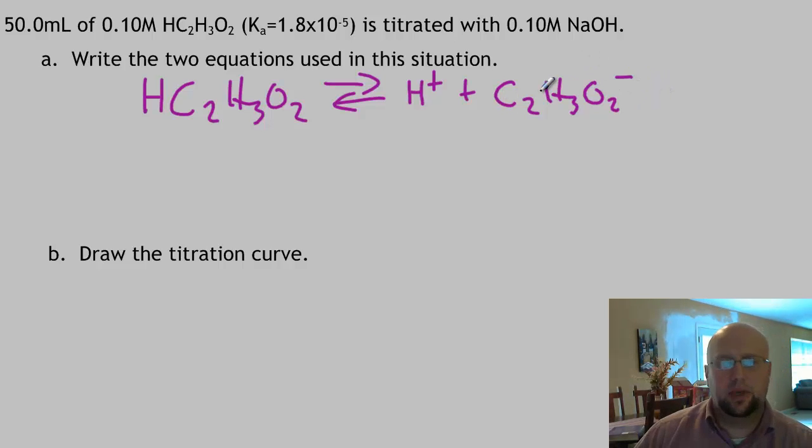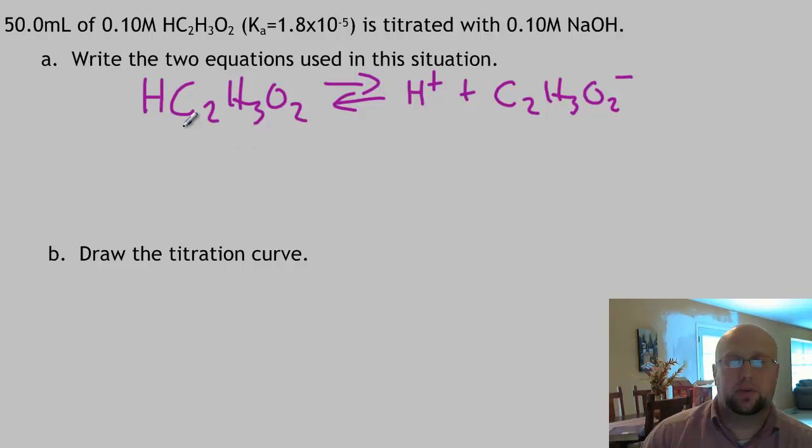At the beginning of the titration, that's what we work with, because we've just got acid in the flask as we start. It's obviously not going to dissociate 100% because it's got a Ka value. It's a weak acid.